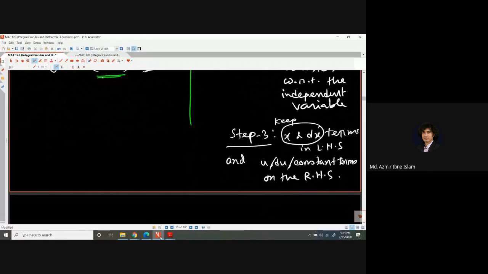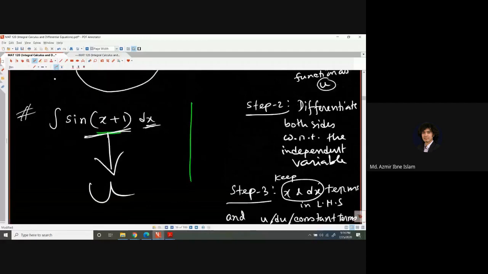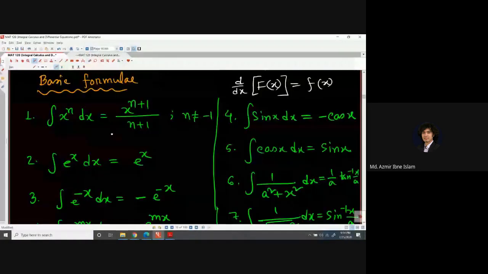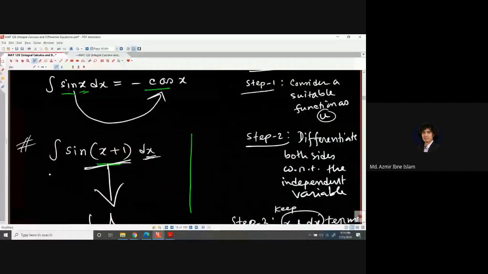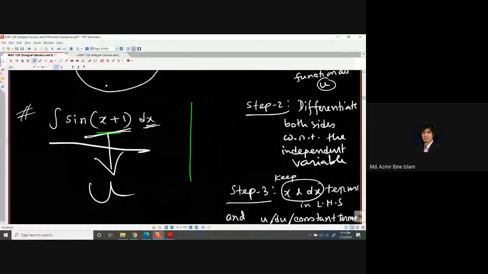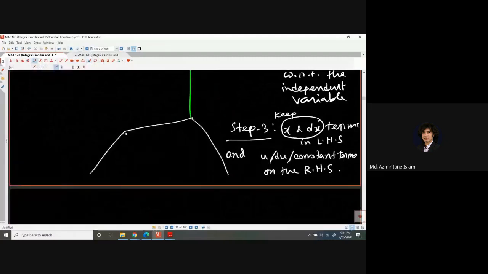Okay, so why we have done this one? Our target is to convert all x to a variable u so that we can directly apply the basic formulas that we have. Since the integral that we have here is not going with the direct formulas, that's why the U-substitution method is helpful. So after step 3, let's have a look on the next step, step 4.